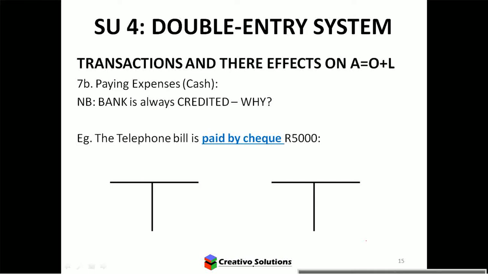Paying expenses. So what's happening here? It's a telephone bill. You're paying with a check from the bank, so bank is decreasing. Correct. And expenses?